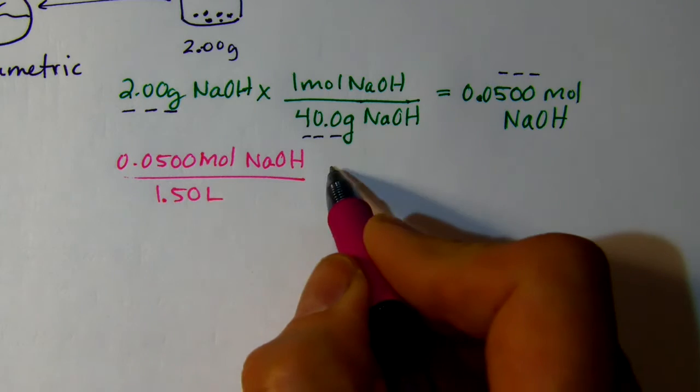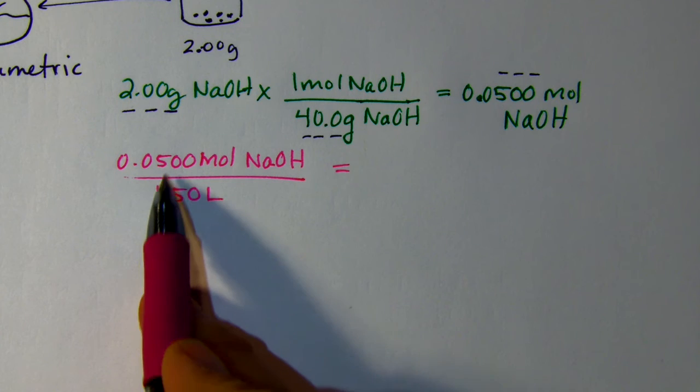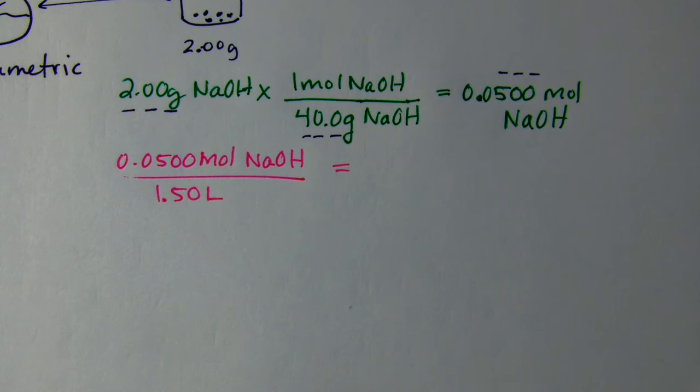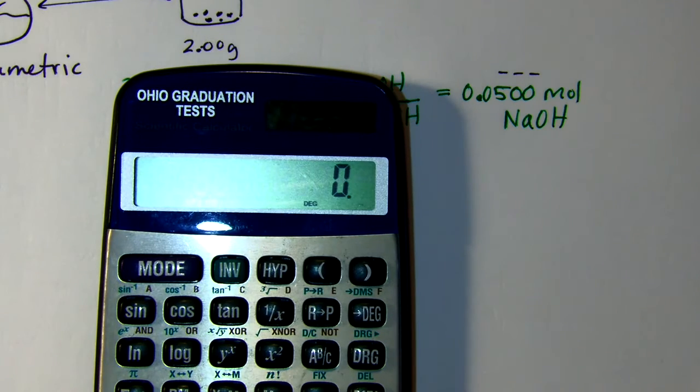Okay. Now, 5 out of 15, right, would be 0.333. But why don't we save you time, and we'll just do 0.05 divided by 1.5.